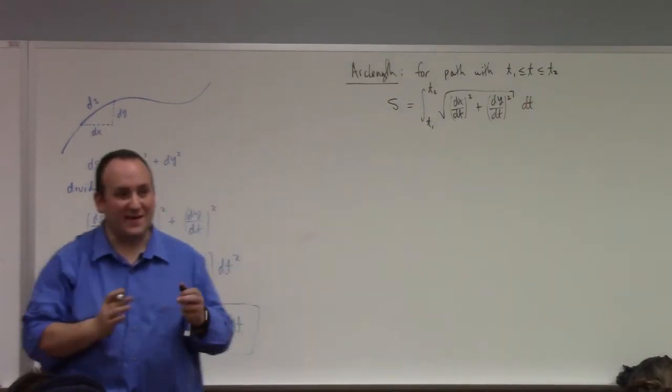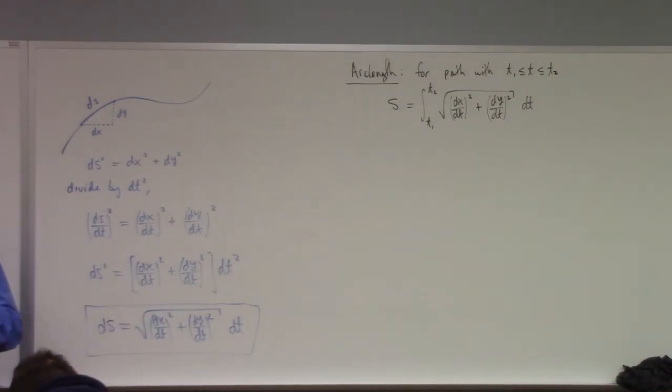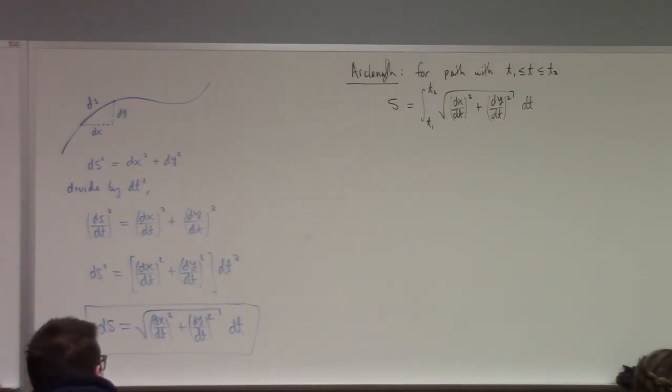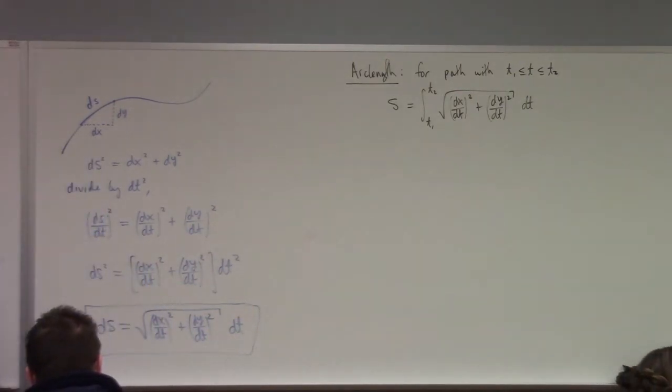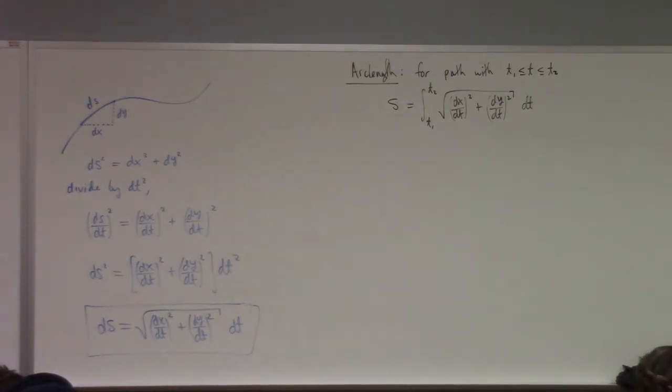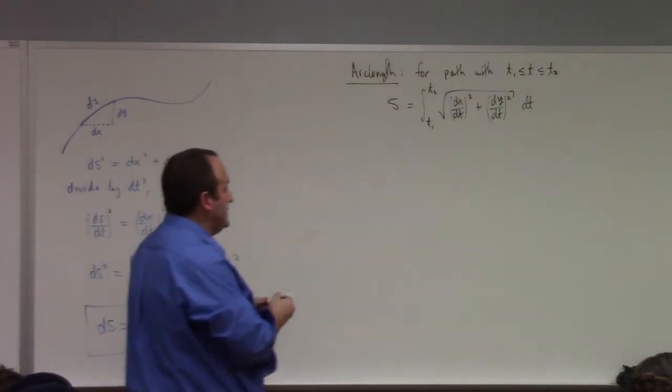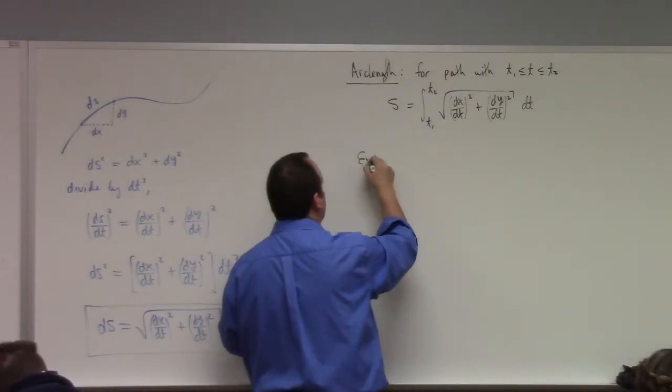Now I have to be very careful here. Almost anything I write down, we will not be able to do this integral with our current technology, all right? In fact, for many curves, we need to use a numerical method to do this integral, truth be told. But I do have one example that's important that I can do for us.